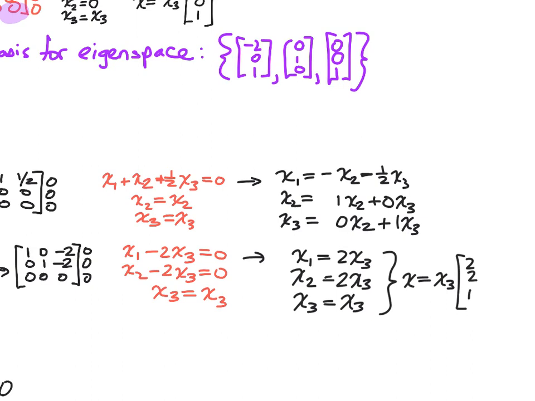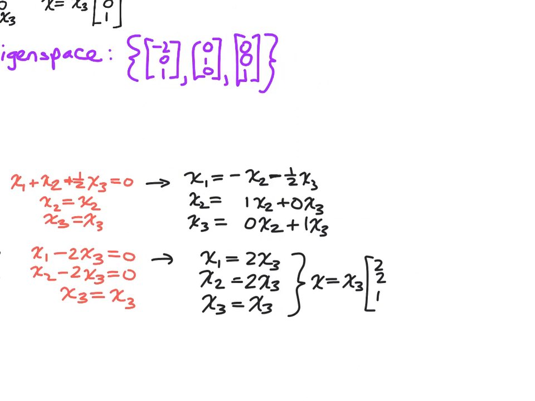I mean, all we're really doing, again, is solving the homogeneous equation. It's just that in the first case, the eigenvector is going to be a linear combination of two free variables. But that's fine. Nothing wrong with that.